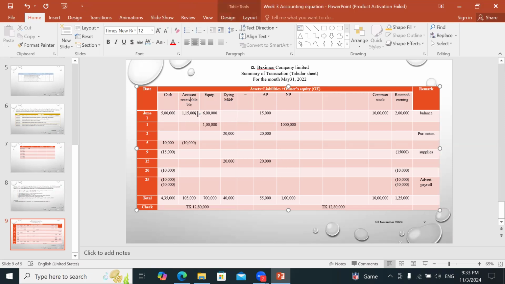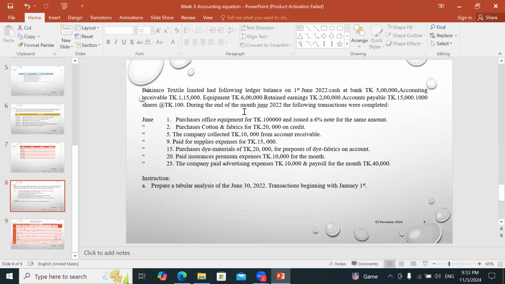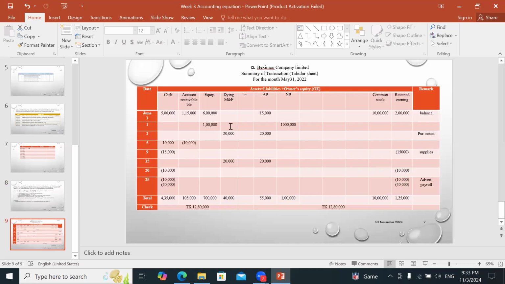You see or not? Yes. Then which item? Equipment, asset or liabilities? Assets, sir. Asset. You put it into the assets under the heading equipment, 6 lakh. You try to design some columns and rows.